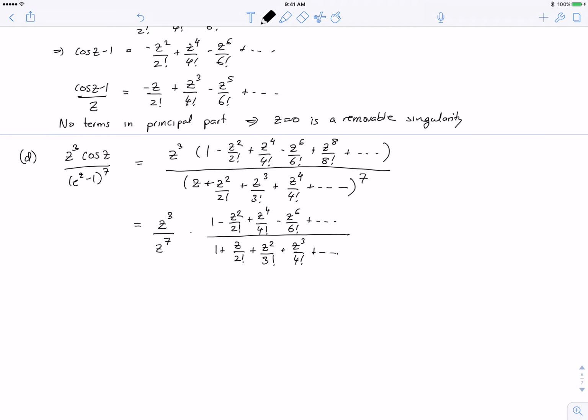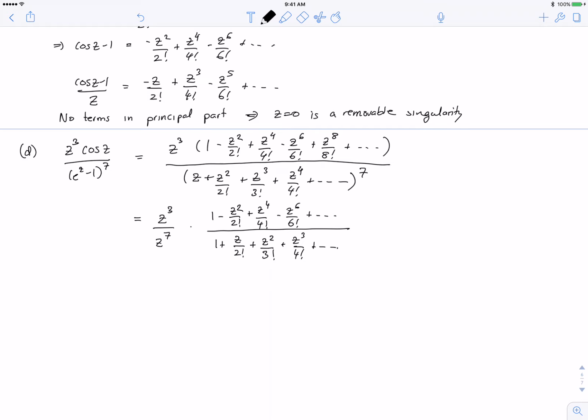And this is what I'm going to call g of z. So now this can be written as 1 over z to the power of 4 times g of z.